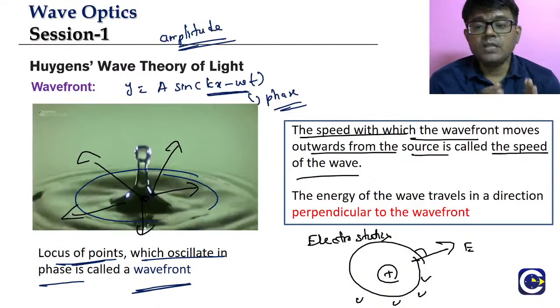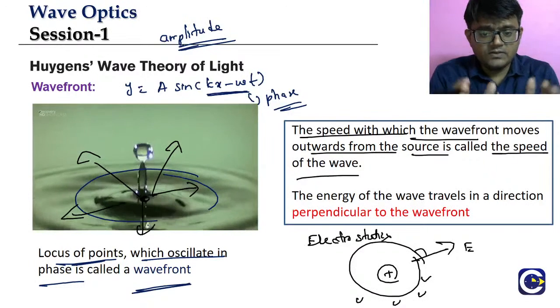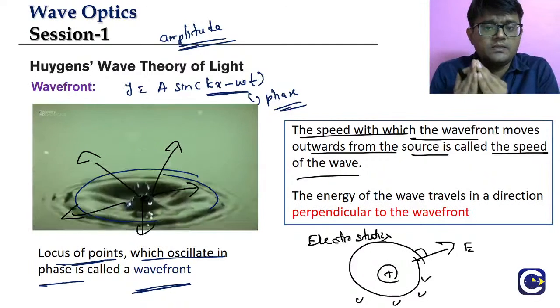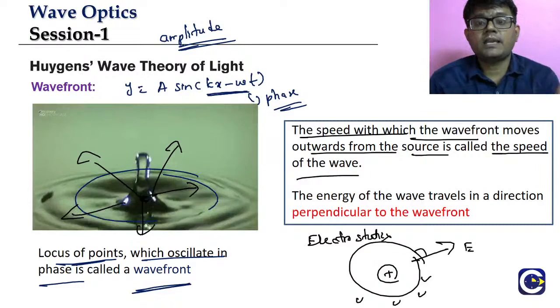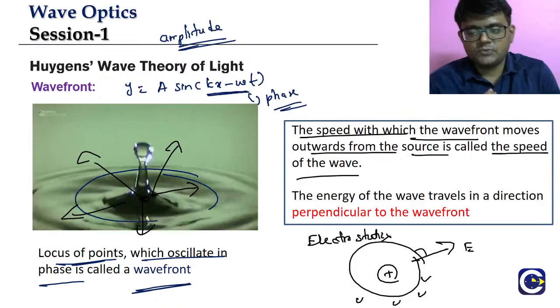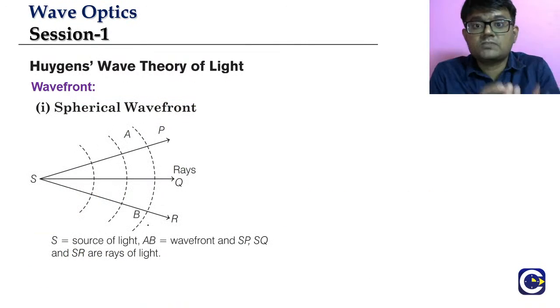Now when we look at wavefronts, in the case of a source which is producing light, generally we will be looking at three types of standard wavefronts. That is what we will mostly cover. The first one is what?